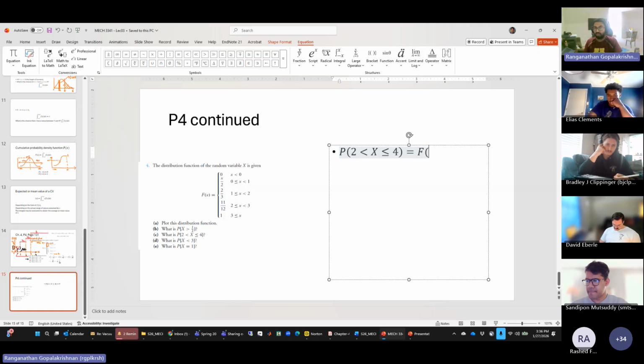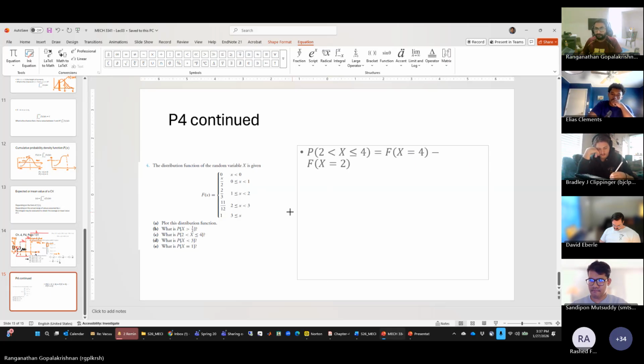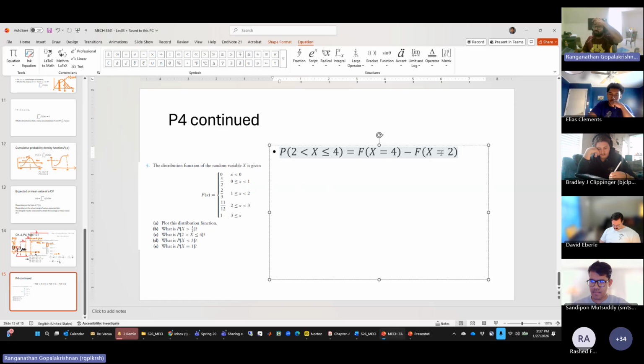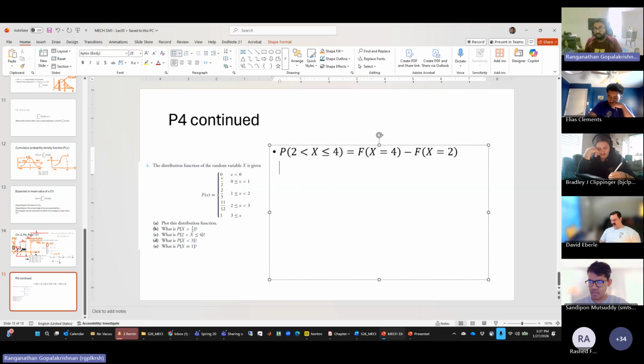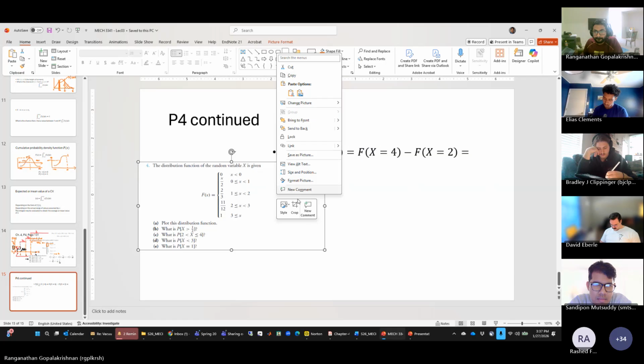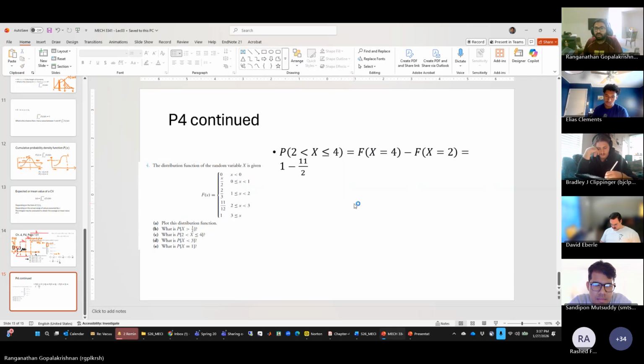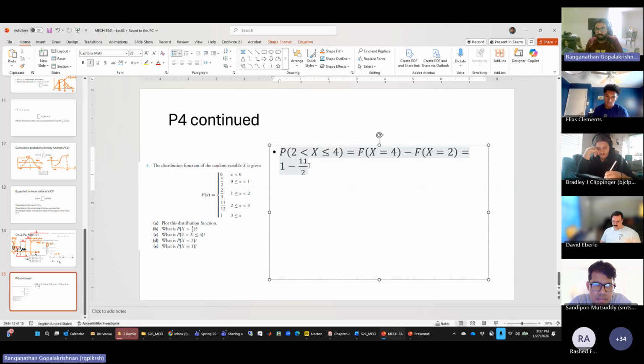This would be the cumulative function at 4 minus the cumulative function at 2. What is the cumulative function at 4? 1 minus what is the cumulative function at 2? That would be 11 by 12, which is 1/12.